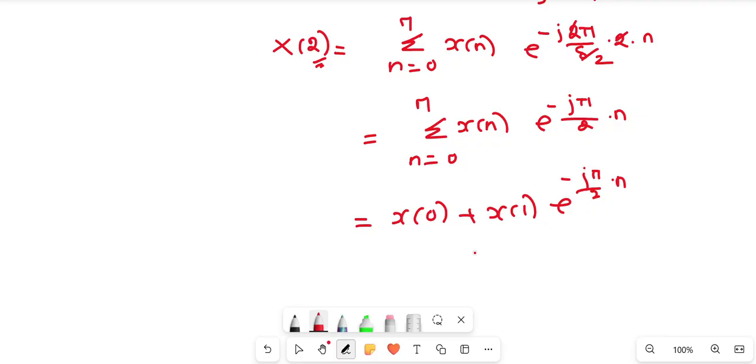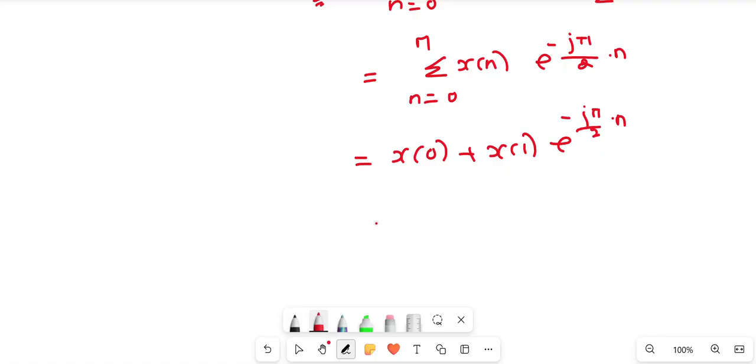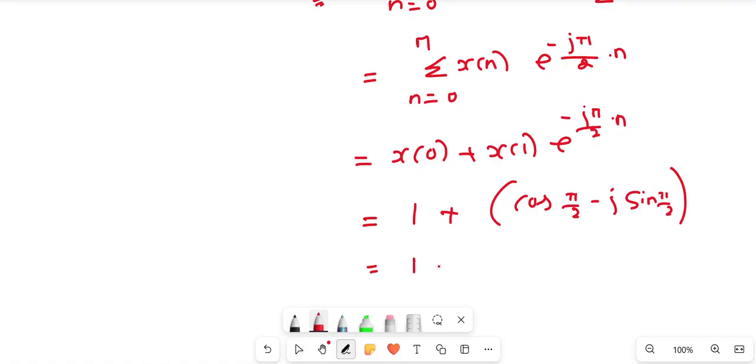So 1 plus cos pi by 2 minus j sin pi by 2, where cos pi by 2 is 0. So you will get 1 minus j.